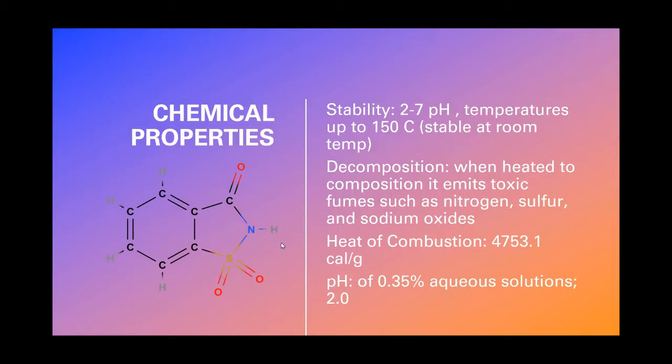When heated to decomposition, it emits toxic fumes such as nitrogen, sulfur, and sodium oxides. Its heat of combustion is 4,753.1 calories per gram. Its pH in 0.35% aqueous solutions.